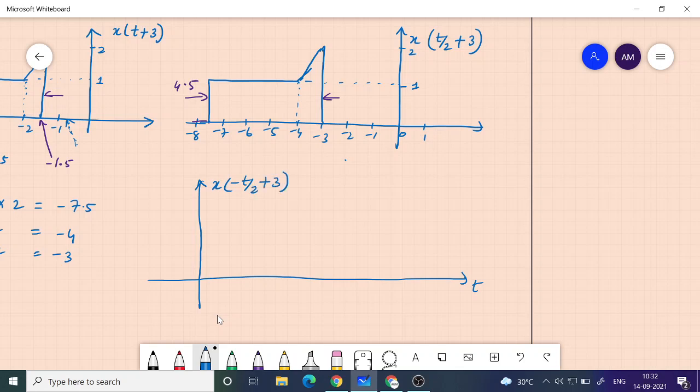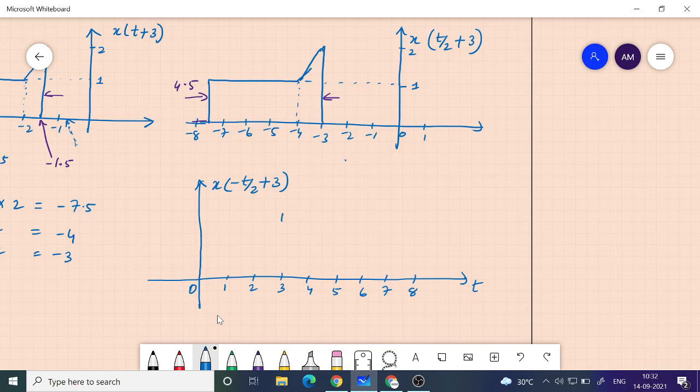Then mark this axis 1 2 3 4 5 6 7 8. Then it's a mirror reflection. It is not shifting everything to the right, it is reflecting. Inversion means reflection. So minus 3 becomes plus 3. Whatever is at minus 3 will go to plus 3.